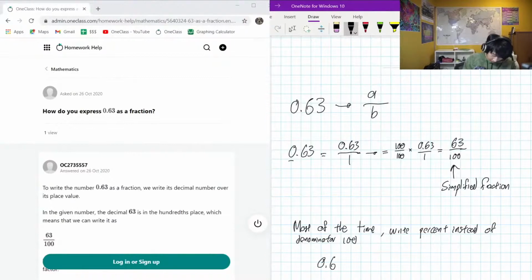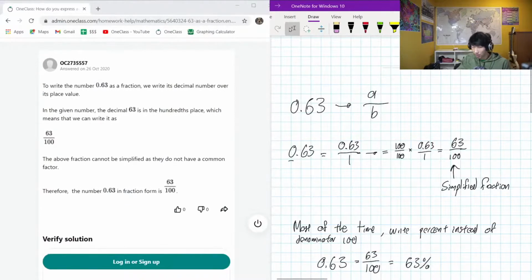Okay, so 0.63, we could clearly write that as 63 over 100, and we could also write that as 63%. And as you can see, if you have 0 point something, just convert that into a percent, and that's perfectly valid as well.